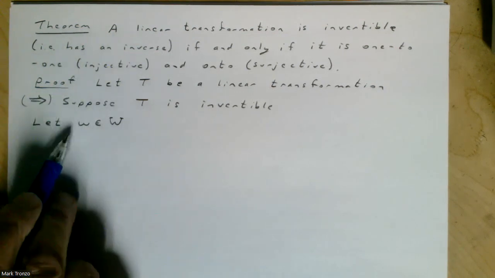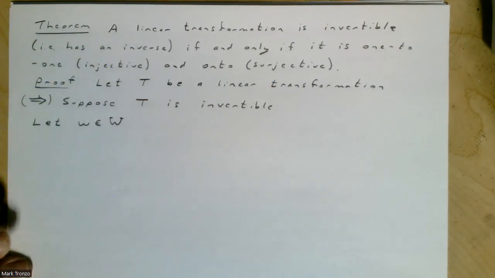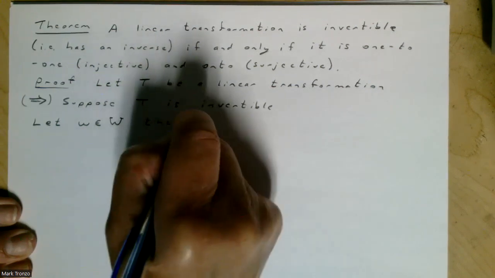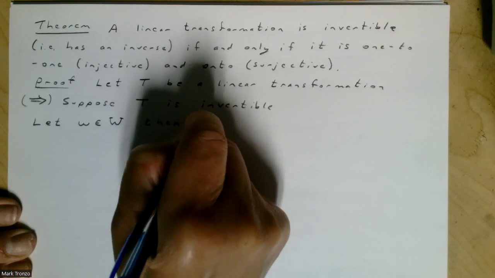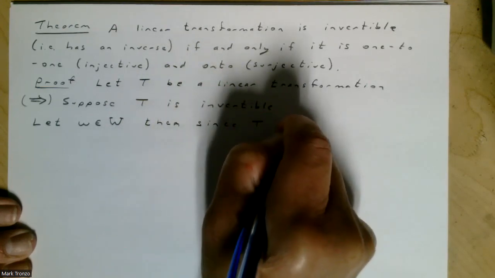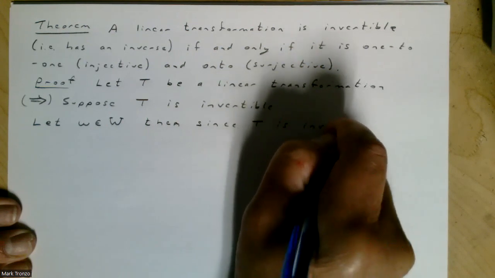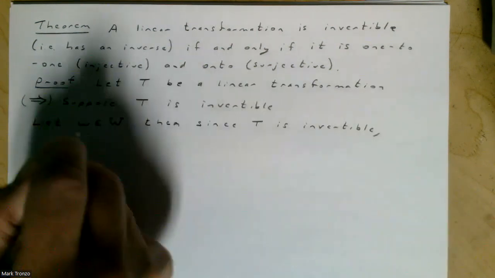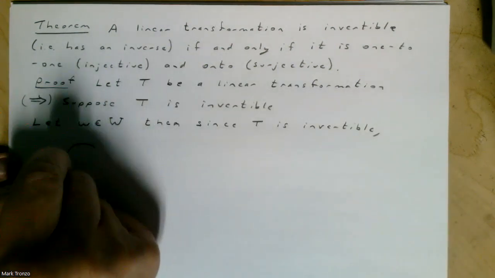So let w be a vector in the space W. Then since T is invertible, we have something like this.